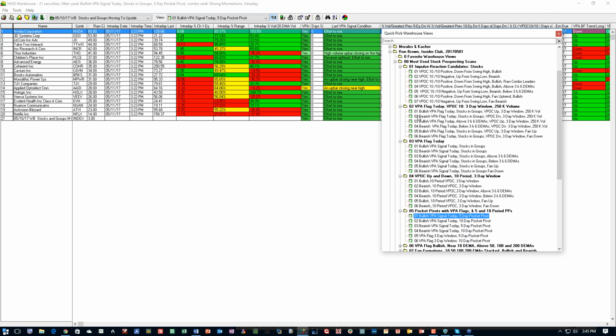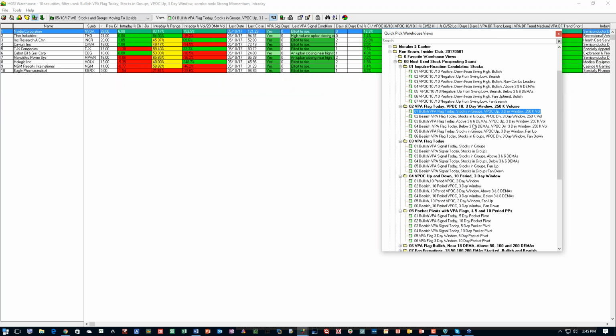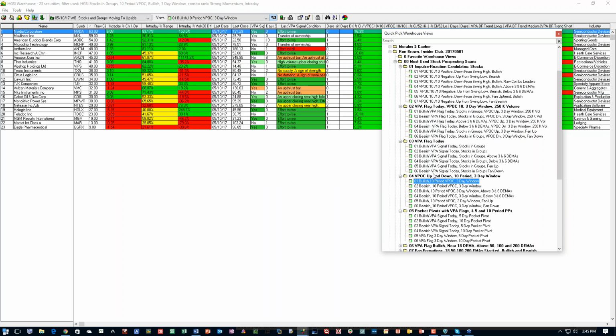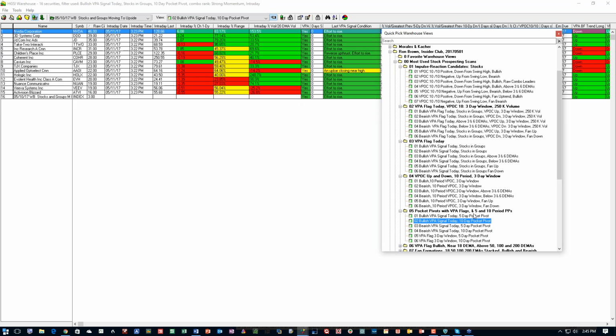If you get a list of stocks, for example, the top 50 group inclusion report, run through these every day. See what's setting up, see which ones had a bullish flag today with a 3-day window on the VPOC, VPA only, bullish 10-period VPOC with a 3-day window, and then these are the pocket pivots down here.